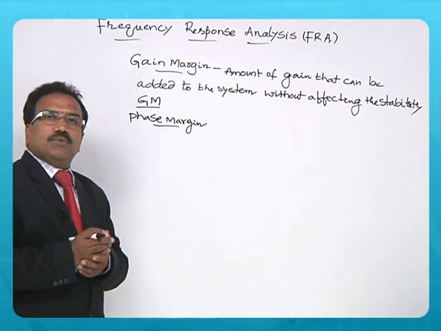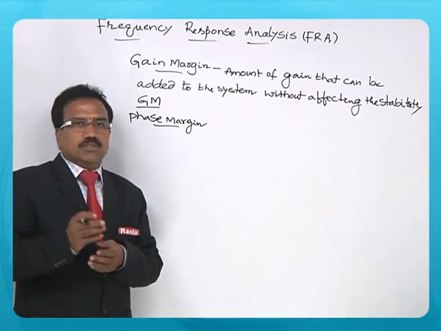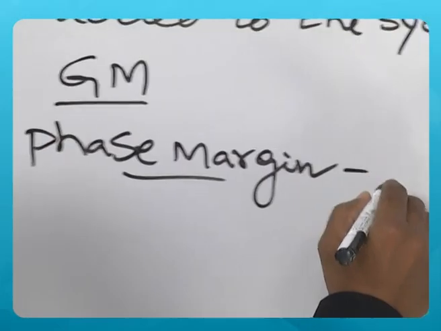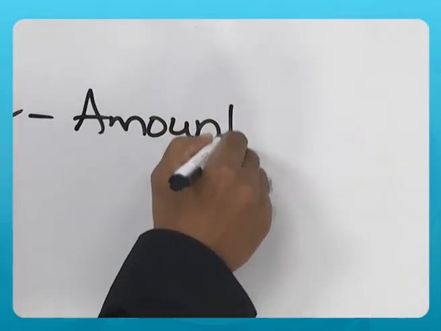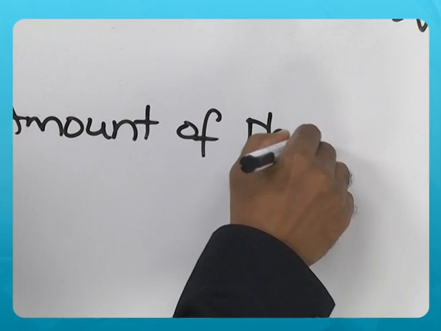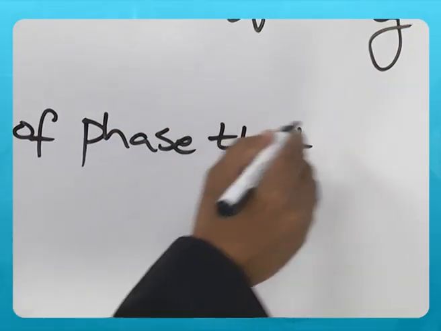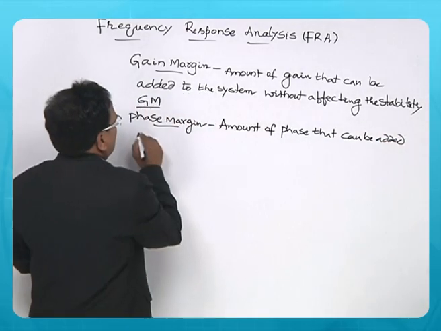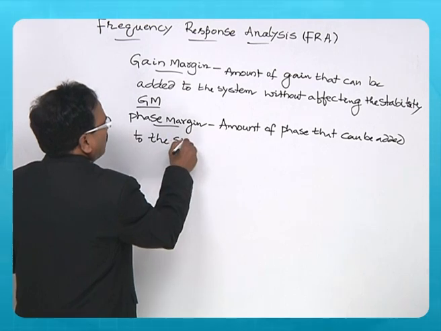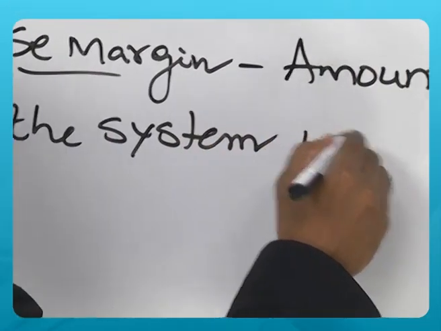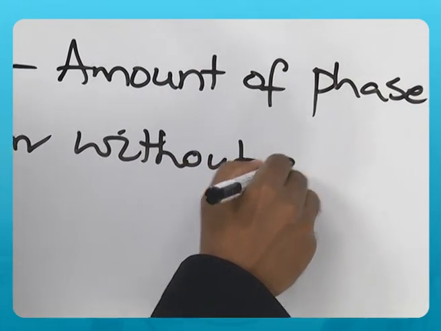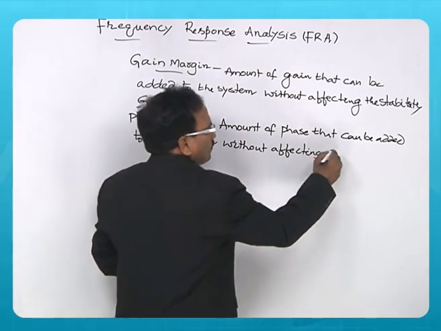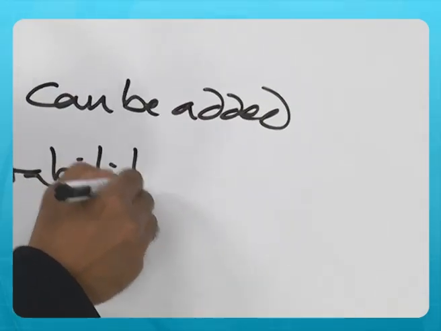So gain margin is concerned with the magnitude term, whereas phase margin is the amount of phase angle, or amount of phase, that can be added to the system without affecting or losing the stability.